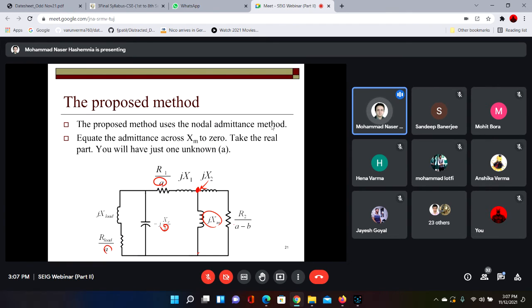Because all the other parameters are constant and known. Jxm does not play any role in the conductance across the air gap. So we will just have to change A and see whether the value of the conductance is 0 or not. That is my proposal for finding the value of A.